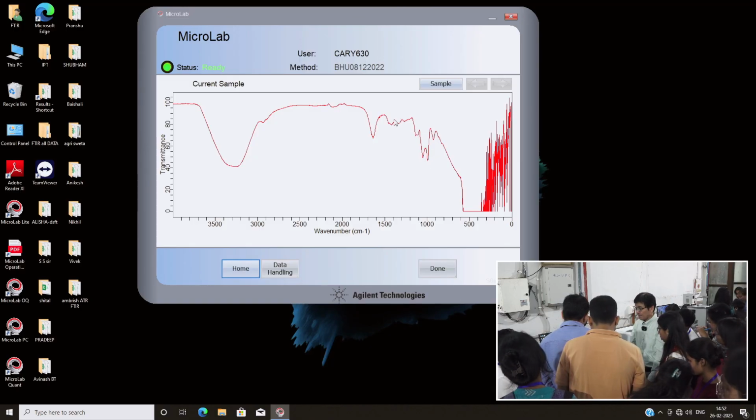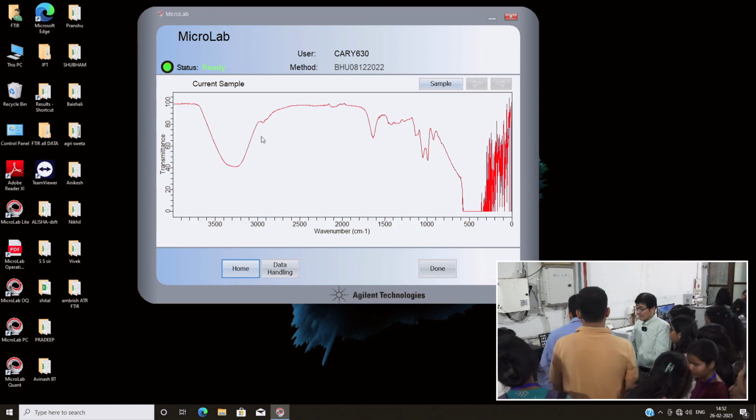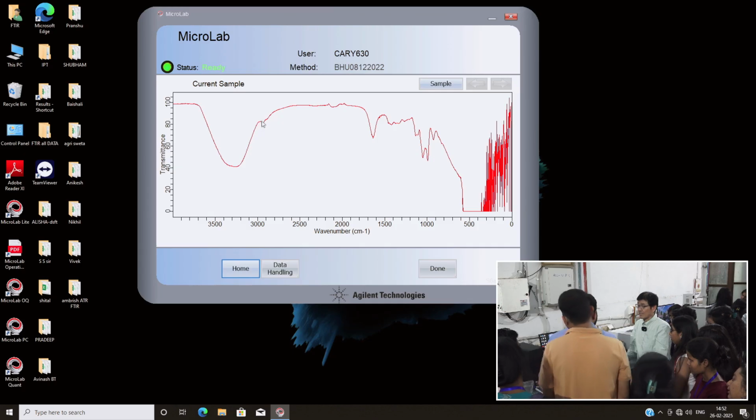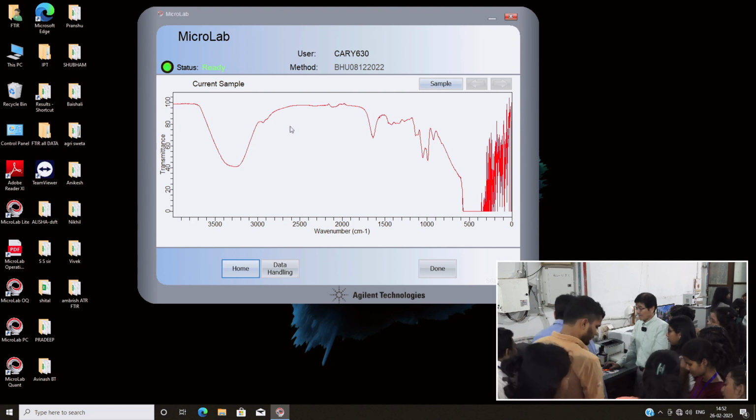You see, right? There is a peak below 3,000 wave number. This is assignable to the aliphatic CH. Above 3,000 it's aromatic. Below 3,000 it's aliphatic CH.